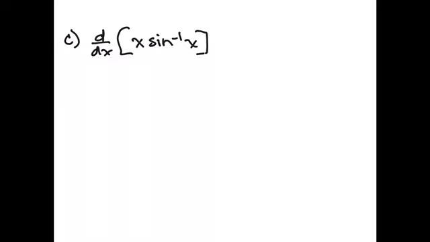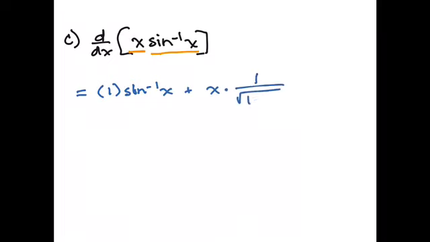Okay, in this problem, we have a product rule. So I see my first function is x, and my second function is sine inverse of x. So our derivative is going to be the derivative of the first, derivative of x is 1, times the second function, plus the first function times the derivative of the second function, which I just get from the formula for the derivative of inverse sine.